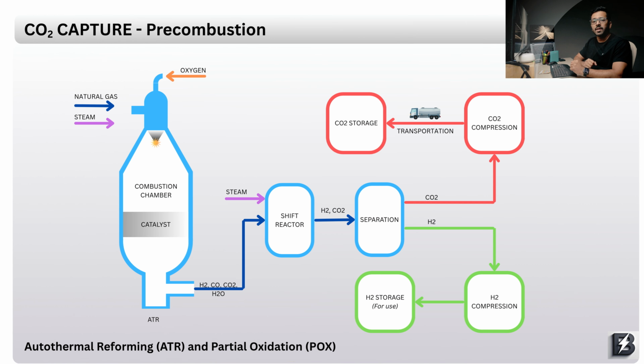Autothermal reforming, or ATR. ATR combines two reactions in one unit. Partial oxidation uses a small amount of oxygen to generate heat. That heat then drives steam reforming, all in a self-balanced process. Once again, the syngas goes through a water gas shift reaction, boosting hydrogen and CO2 levels.